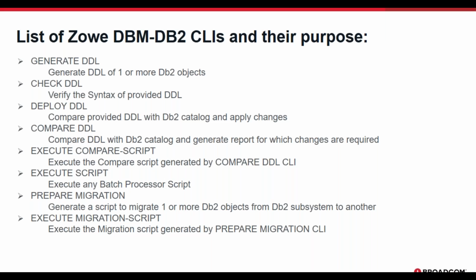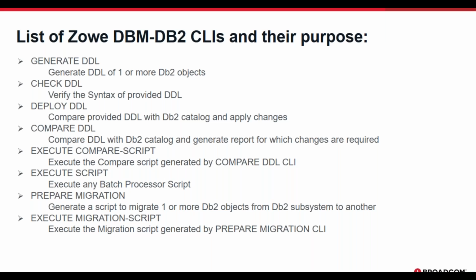And the third CLI is the deploy DDL. That's primarily used for comparing the provided DDL with the DB2 catalog and making the changes, as necessary, in the target DB2 subsystem, which is already in catalog.